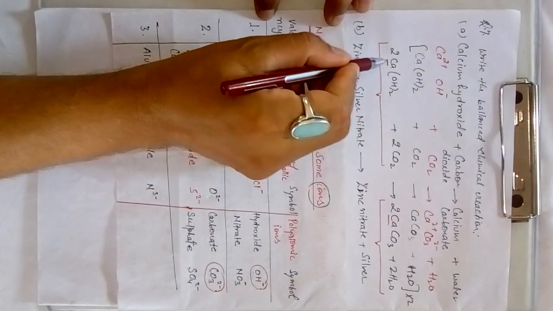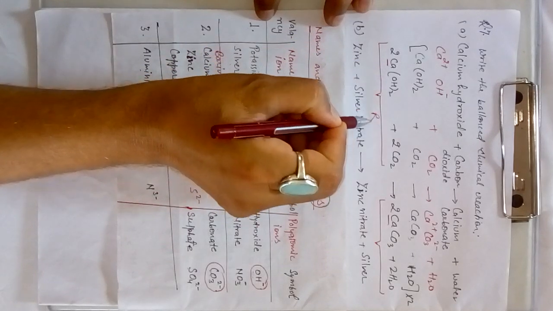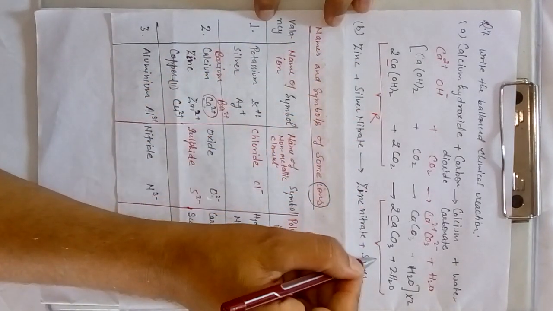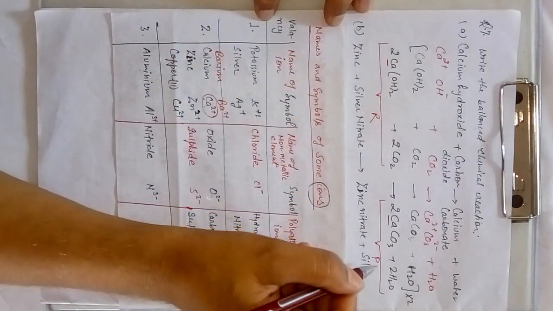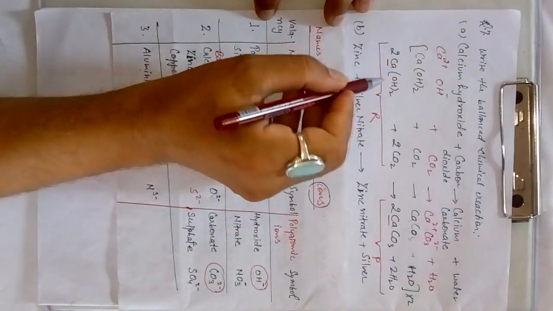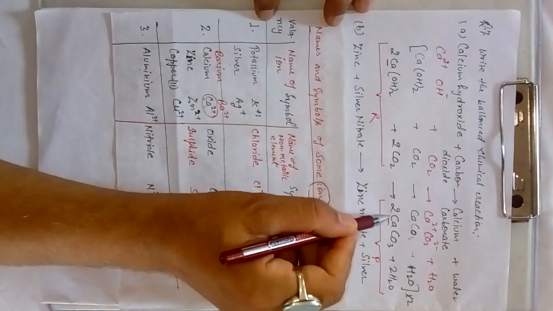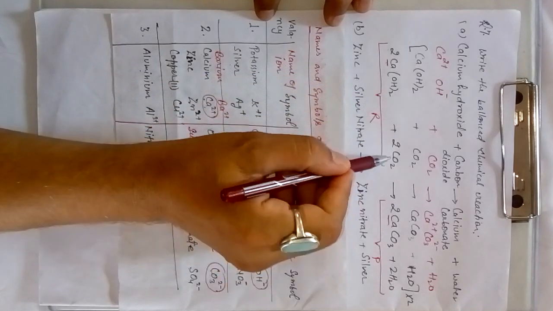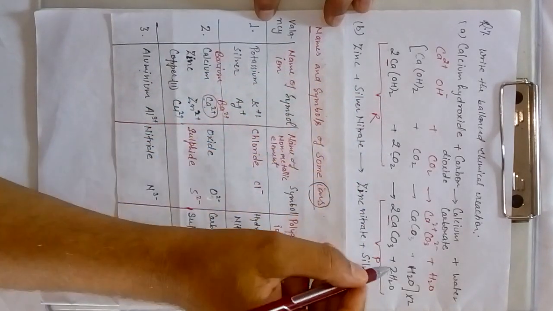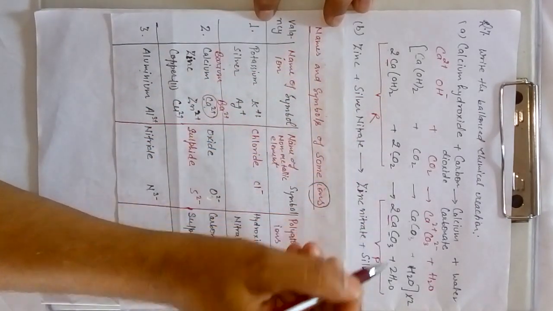The number of atoms present on the reactant side should definitely be equal on the product side also. Ca 2, so Ca 2, here carbon is 2 atoms, here carbon is 2 atoms also.